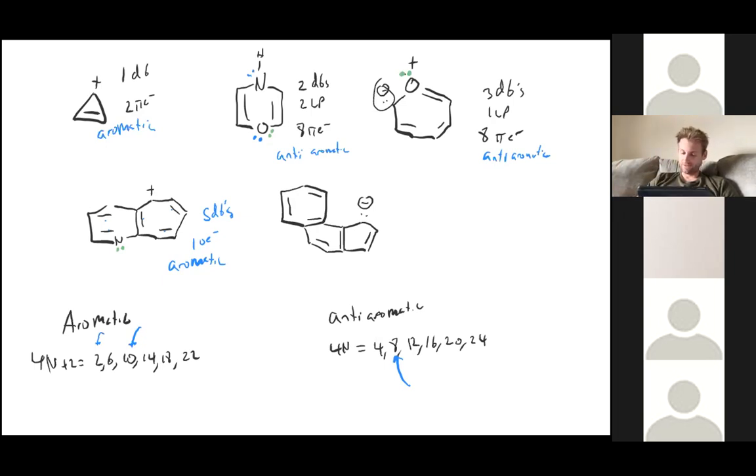All right, we've got 1, 2, 3, 4, 5, 6 double bonds and 1 set of lone pairs from the negative. So that's a total of 14 pi electrons, which is over in our aromatic category.